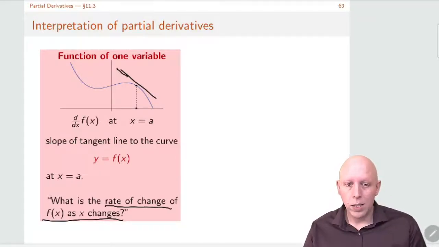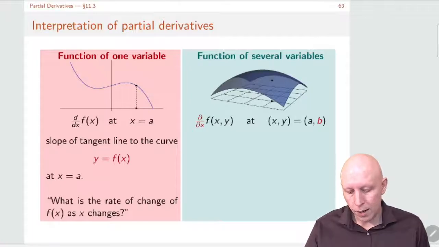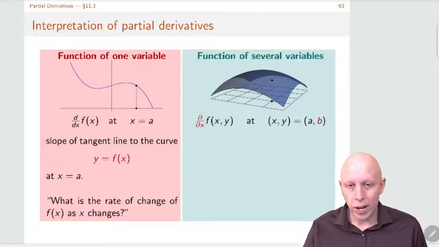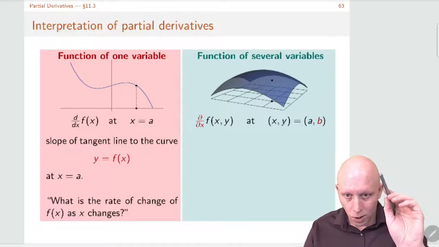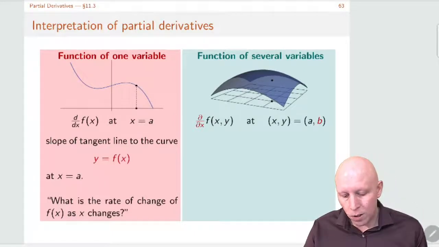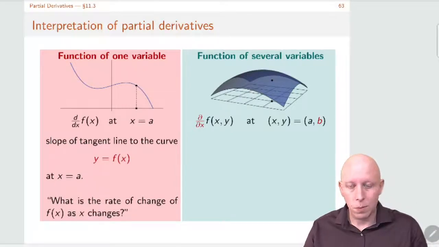All right, so now let's take this and go to higher dimensions. Now what we have, instead of a graph that's this curve, is a graph that looks like a surface.